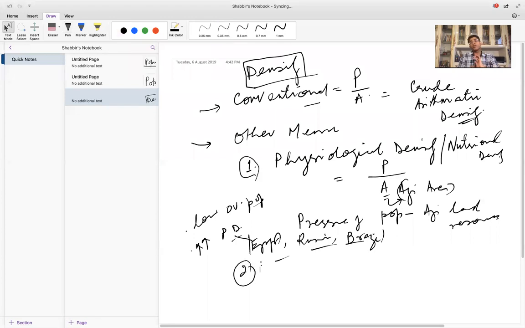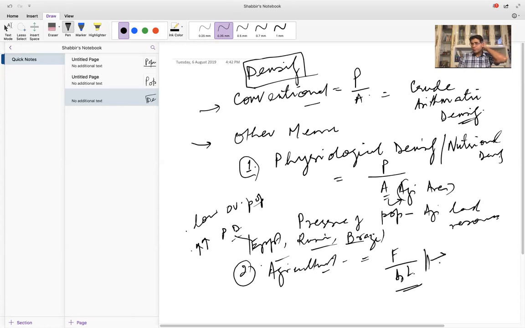The other measure of density is what's called agriculture density. Now, this measure made sense earlier, but is no longer in use. But fine, because we have this term, we could always mention it. Agriculture density is equal to the population of farmers divided by agriculture land. This is one way of knowing the potential of the farming economy, and whether the farming economy is stressed or not.